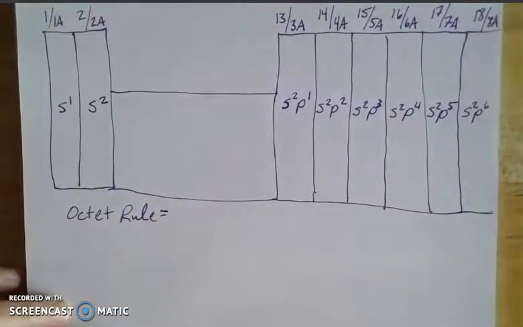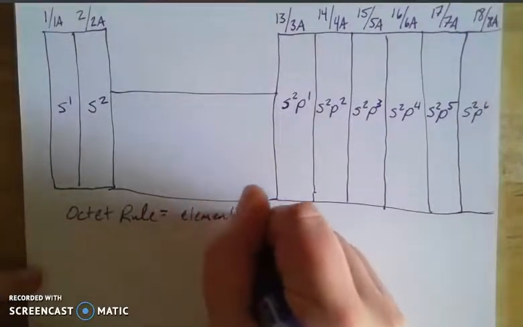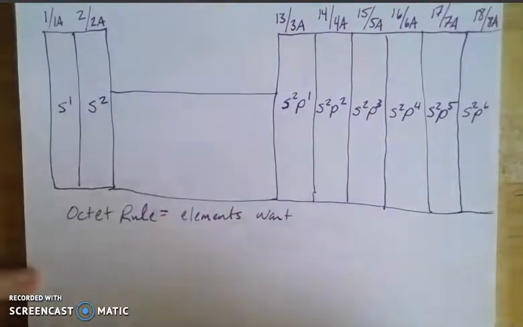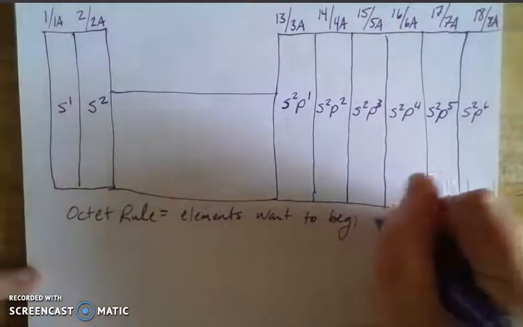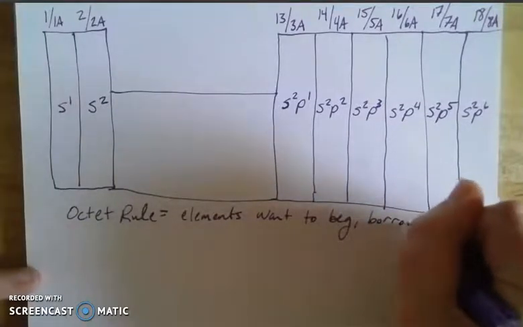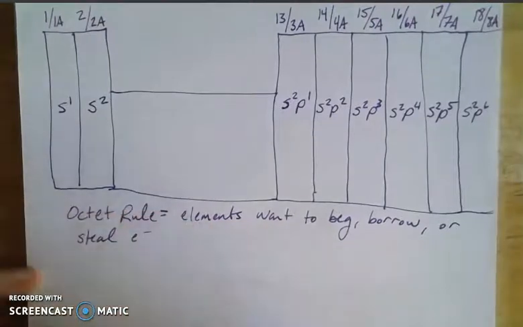I like to think about this as really an octet guideline in sort of the Pirates of the Caribbean sense, that it's kind of a guideline, less of a solid rule or law. The octet rule says that elements want to beg, borrow, and steal in order to look like a noble gas. And what they want to beg, borrow, or steal is electrons.